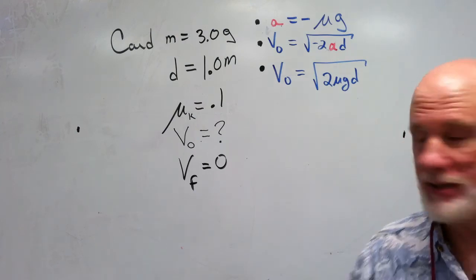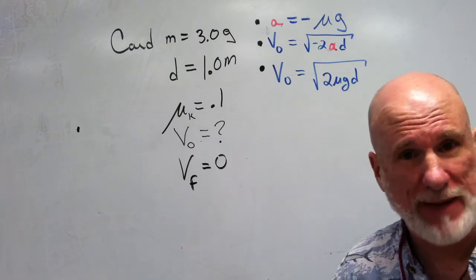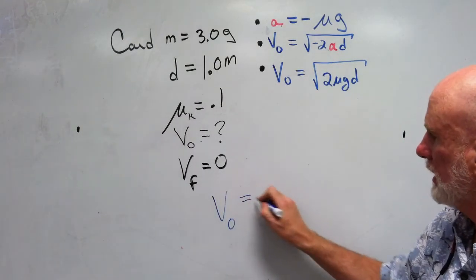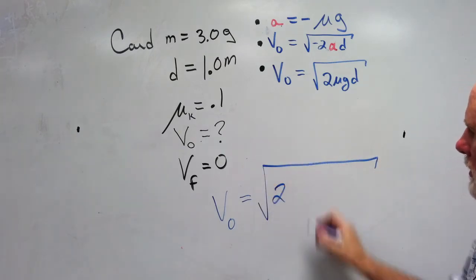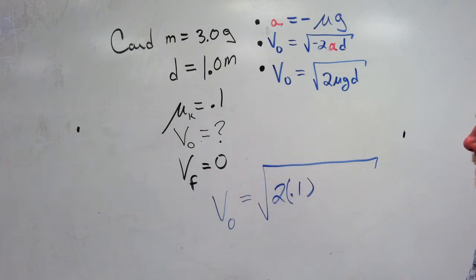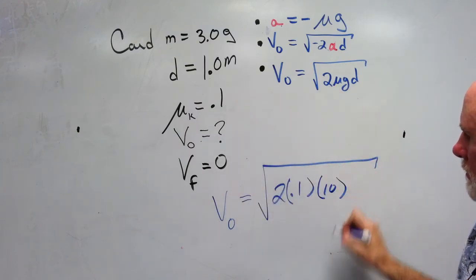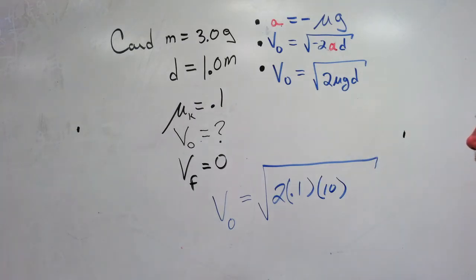Let math be your friend, okay? Instead of running away from it like a lunatic, always afraid of math, let's embrace it. Okay. V naught equals square root of 2 times 0.1 times G. We'll use 10 meters per second squared for G. And then D is 1.